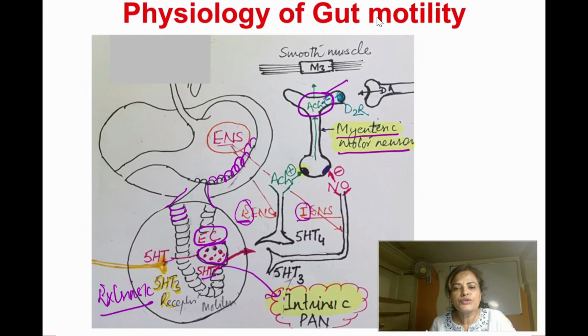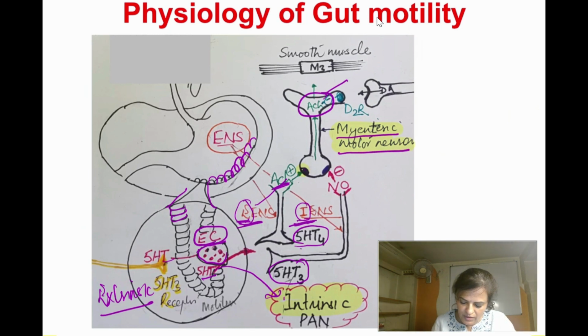This is further going to cause the stimulation of this excitatory and inhibitory neuron, with the help of what? In the excitatory there are 5-HT4 receptors, and in the inhibitory there is involvement of 5-HT3 receptors. With the excitatory neuron there is a release of acetylcholine, and release of acetylcholine is going to cause the contraction.